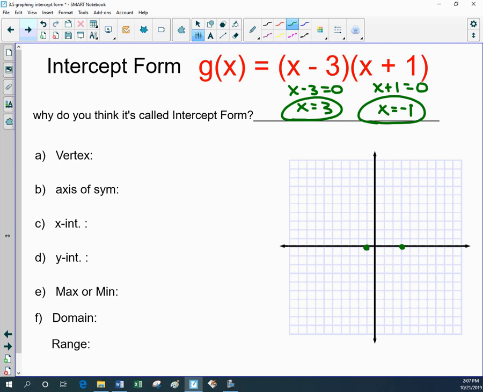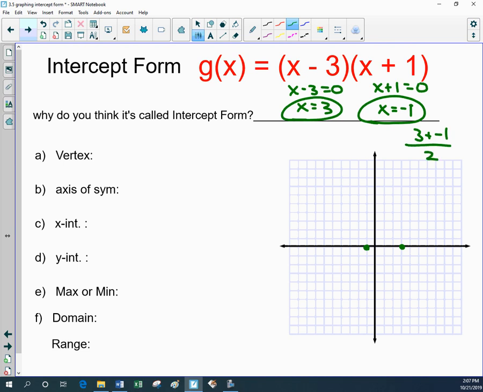Okay, then the next thing we need to find is the axis of symmetry, so halfway between these 2 points. So halfway between 3 and -1, anytime I want to find the halfway between 2 numbers, we can average the numbers by adding them together and dividing by 2.